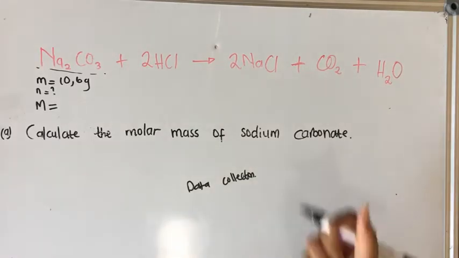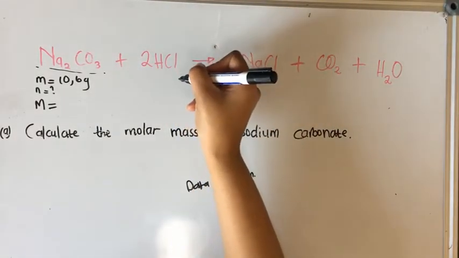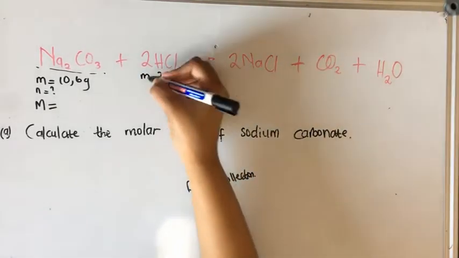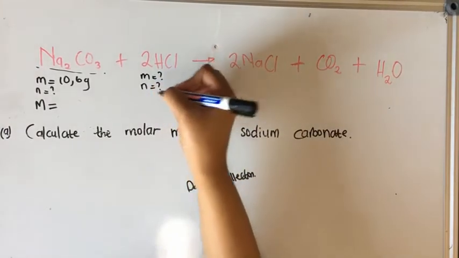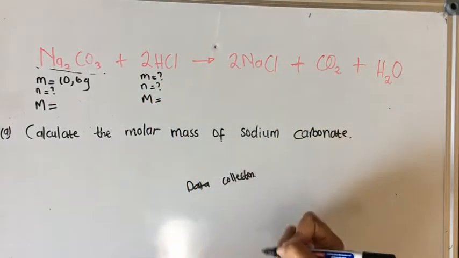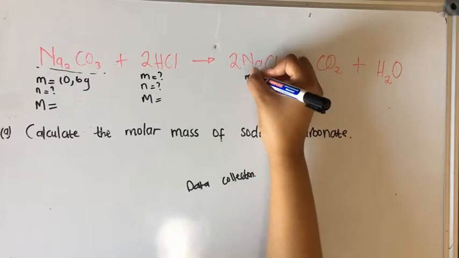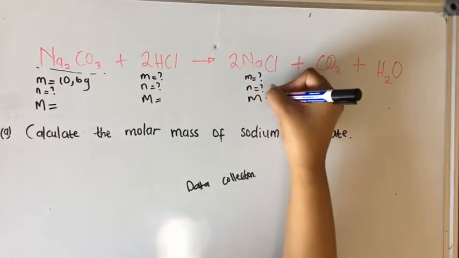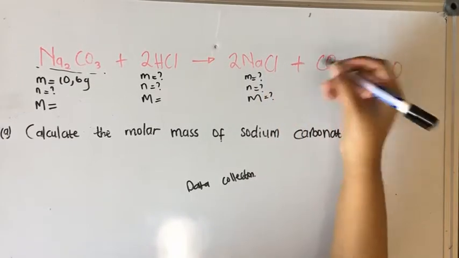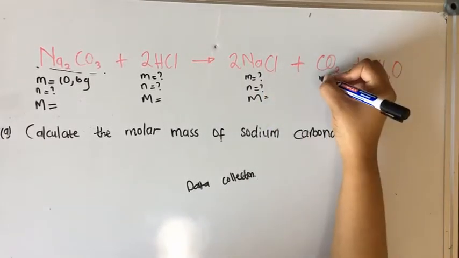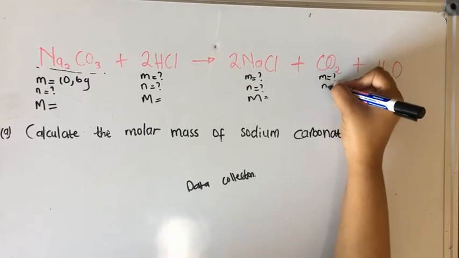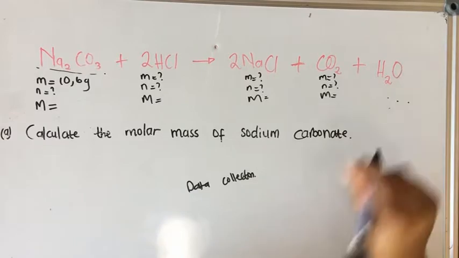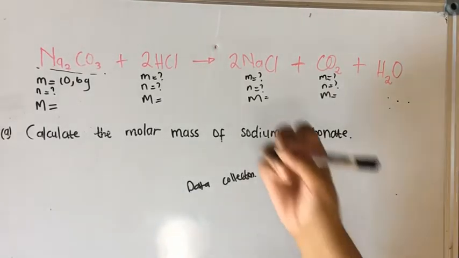Okay, bese siya ku hydrochloric acid. Hydrochloric acid i-mass yakhona asiyazi, number of moles aswazi, molar mass singayicalculate. Okay, so nangapha wenza okufanayo, number of moles awazi, molar mass ayazi, singayicalculate.